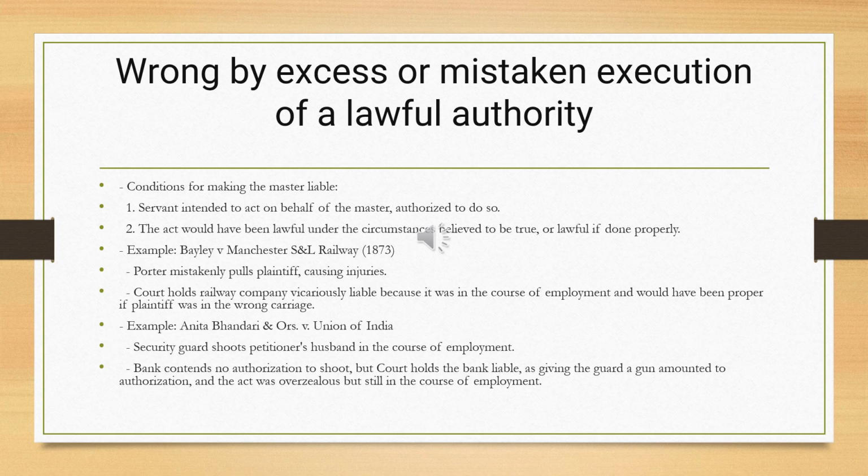The petitioner had claimed that the bank was vicariously liable because the security guard had done such an act in the course of his employment, but the bank had contended that it had not authorized the guard to shoot. The court held the bank liable, as the act of giving him a gun amounted to authorizing him to shoot when he deemed it necessary, and while the guard had acted overzealously in his duties, it was still done in the course of his employment.